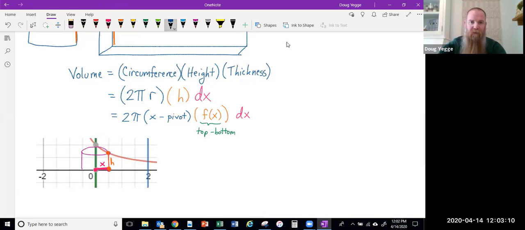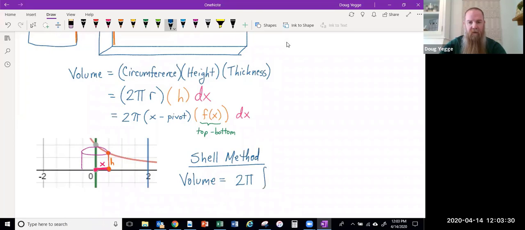So now we've got a formula for the shell method. The shell method is nothing more than an integral. Shell method says that the volume is equal to 2 pi times an integral. Unlike the washer method where the coefficient was pi, this is 2 pi simply because we're dealing with the circumference.